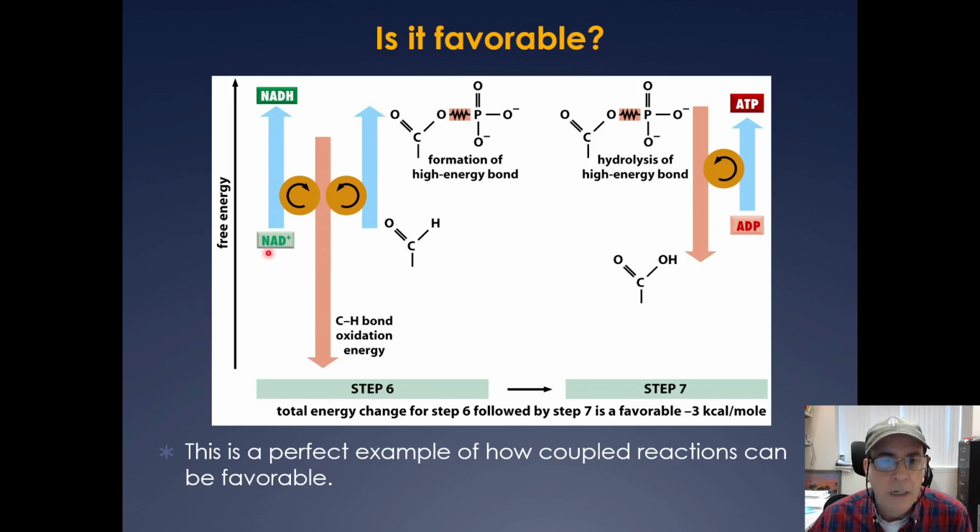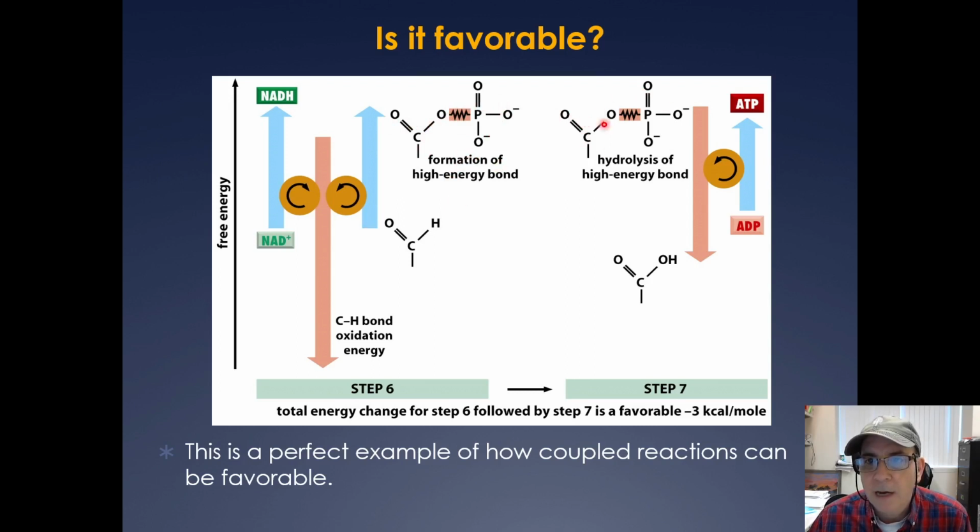So free energy goes up as NAD goes from its oxidized to its reduced form, and in the process the CH bond oxidation energy is driving that, and you get formation of a high energy phosphate bond.